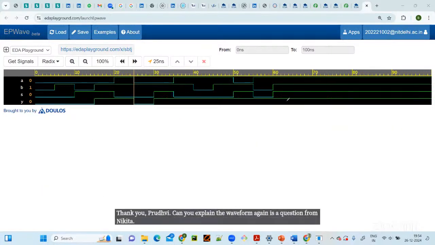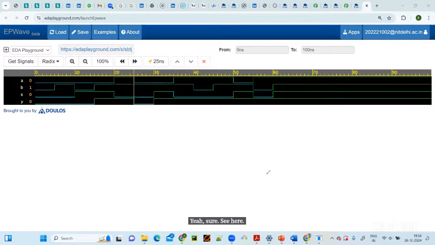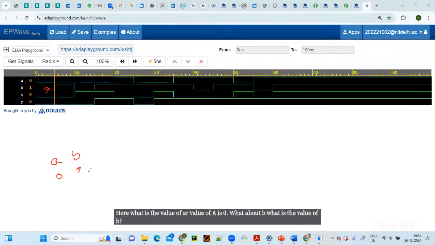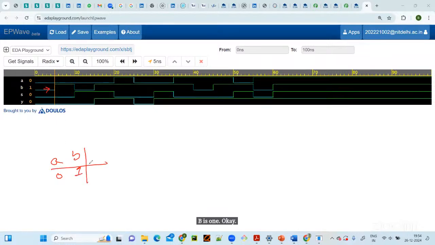Yeah, sure. I am placing my cursor here. What is the value of A here? The value of A is 0. What about B? B is 1. What is the value of the selection line? It is 0.